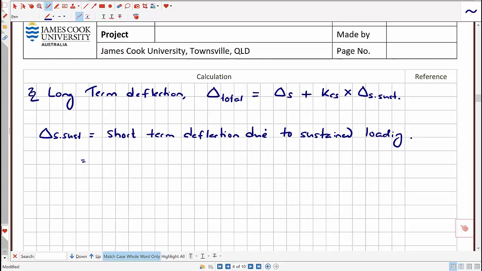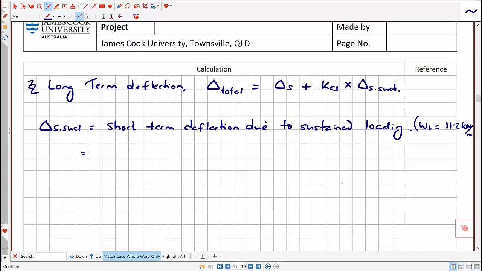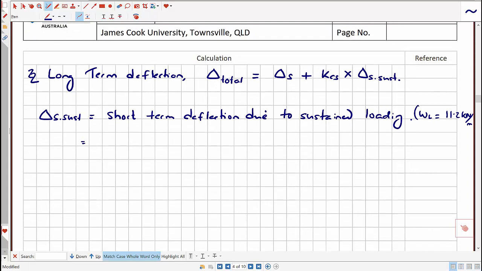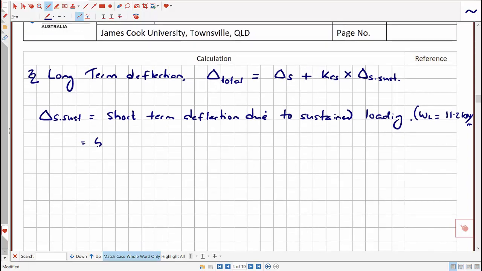That corresponds to WL equals 11.2. So the deflection corresponding to the long-term loading, that is 11.2 kilonewton per meter, we have to find using the same equation, but with WL here, because it is the deflection due to the long-term or sustained loading.